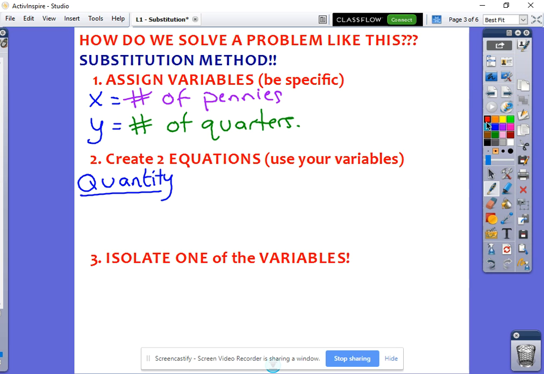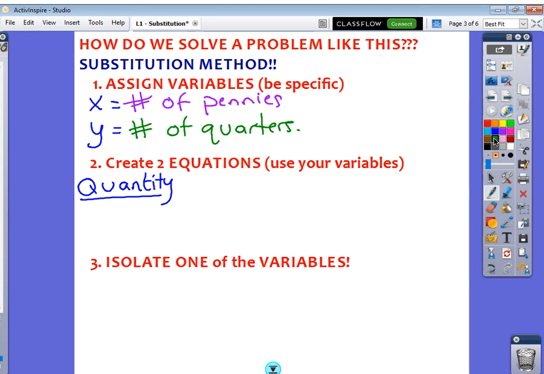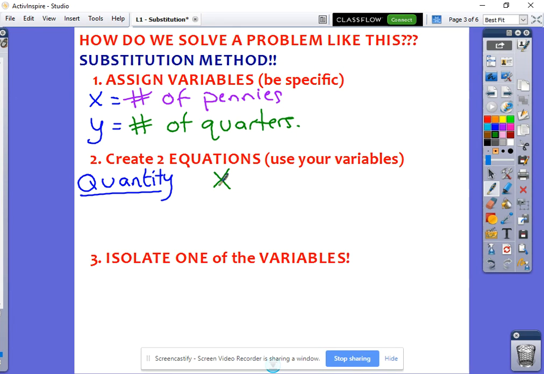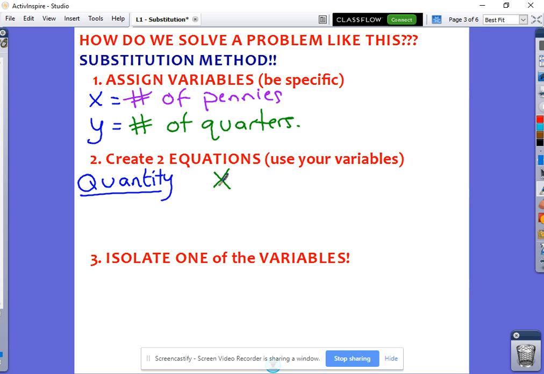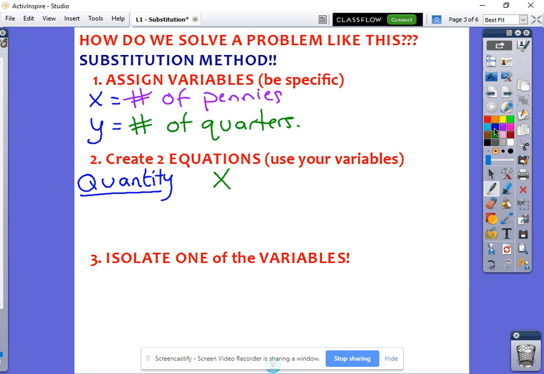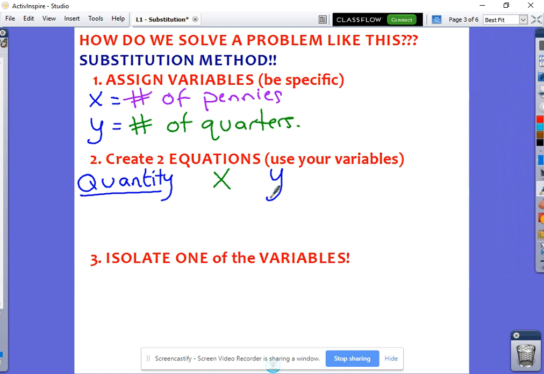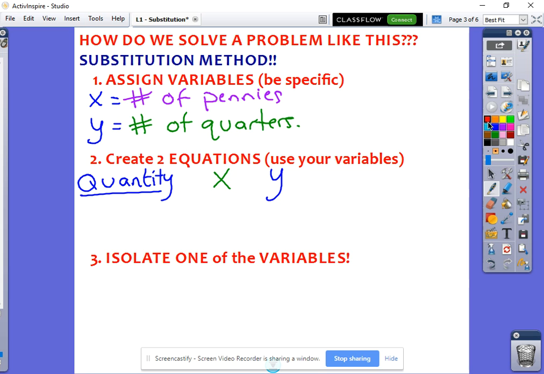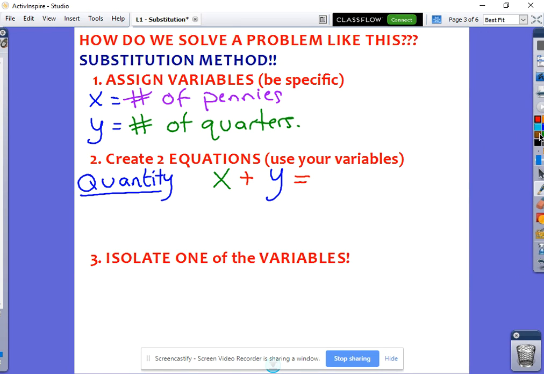That actually comes right from what we just talked about, the quantity. If I asked you what's the quantity of pennies, that's the number of pennies. So all I have to say is x, because x is the quantity of pennies. And what if I said the quantity of quarters? Well, the quantity of quarters is just y. If I take those two and add them together, what should that add up to?